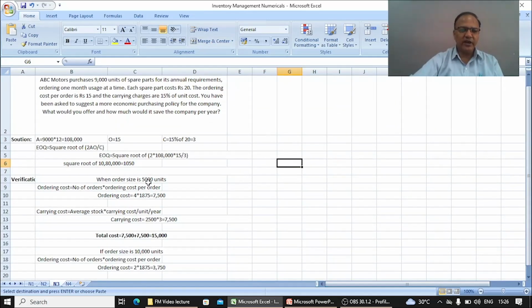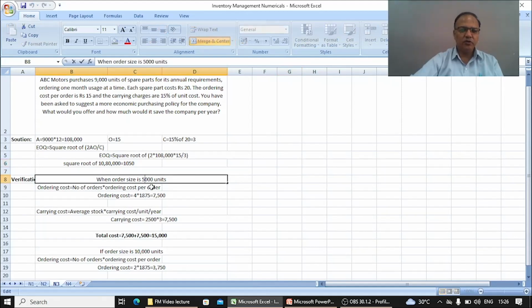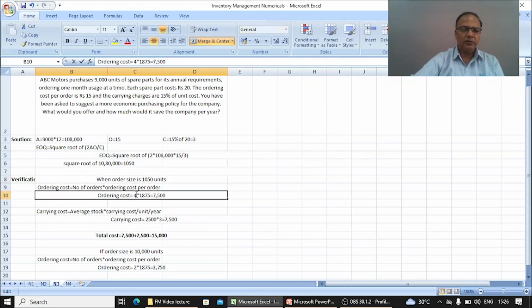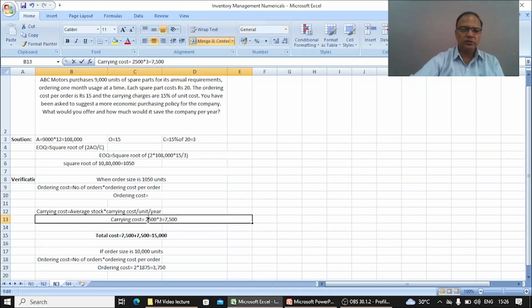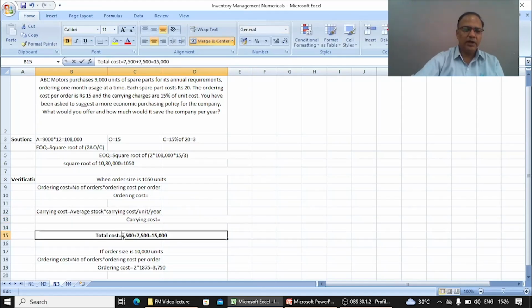When order size is 1050 units, then ordering cost, then carrying cost, then total cost.